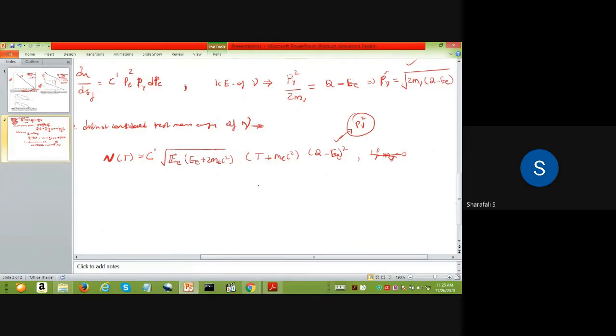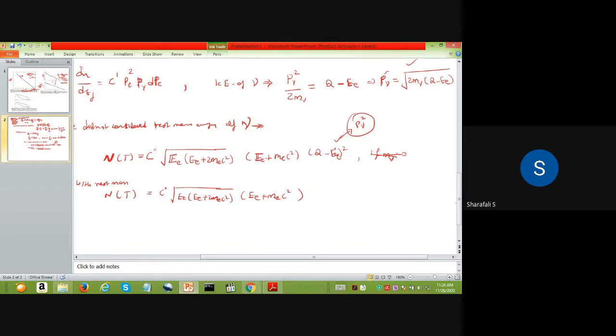So the value will look like almost the same terms. With rest mass, we can have n of T equal to C double dash, or whatever I have written here, times E plus 2 m_e c square. All these terms are the same, so there is no change. Then E plus m_e c square.